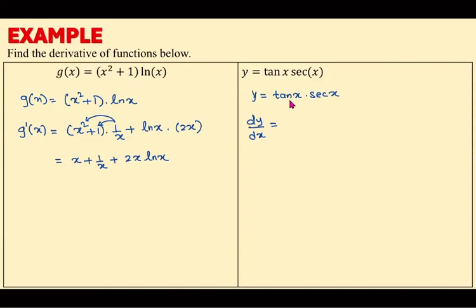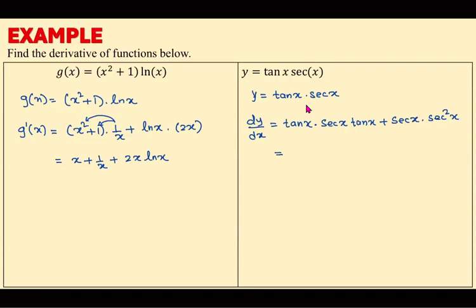The product rule says first function, which is tangent x, times the derivative of the second. The derivative of secant x is secant x tangent x, plus the second function secant x times the derivative of the first. The derivative of tangent is secant squared.